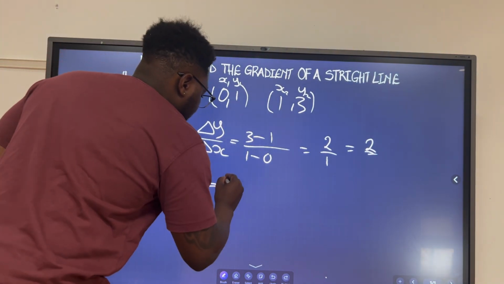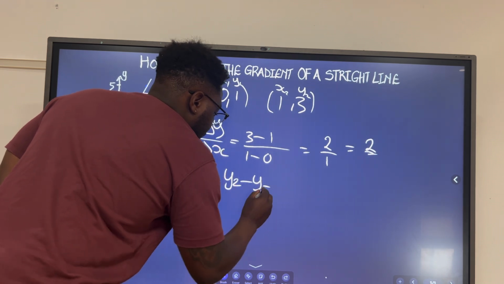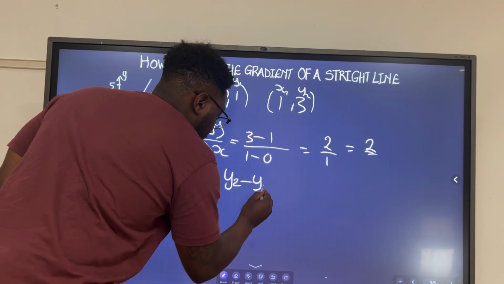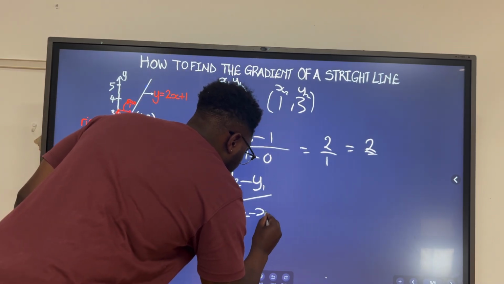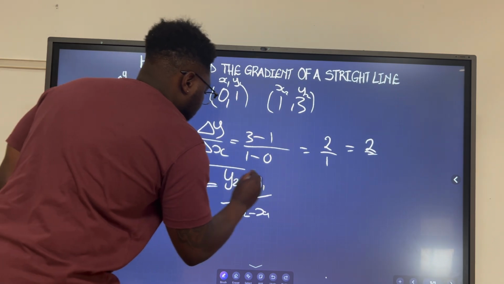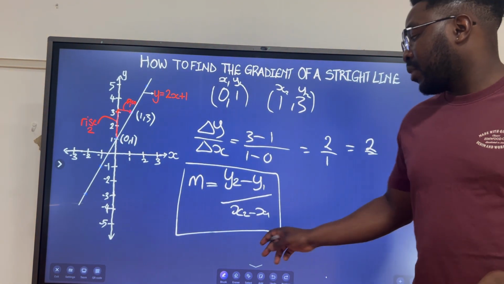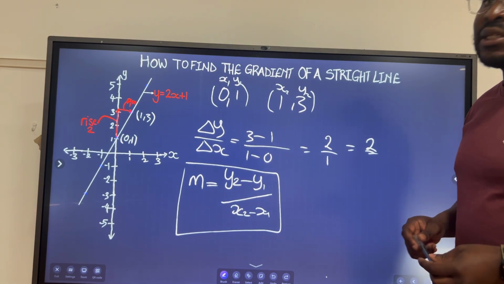So, we're now talking about y2 minus y1 over x2 minus x1. And this right here is the gradient formula, and this is the formula that you can use to find the gradient of a straight line.